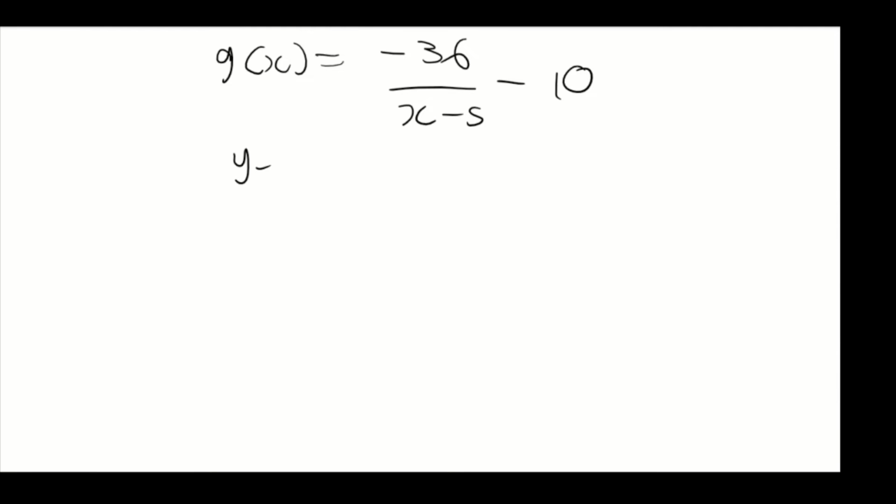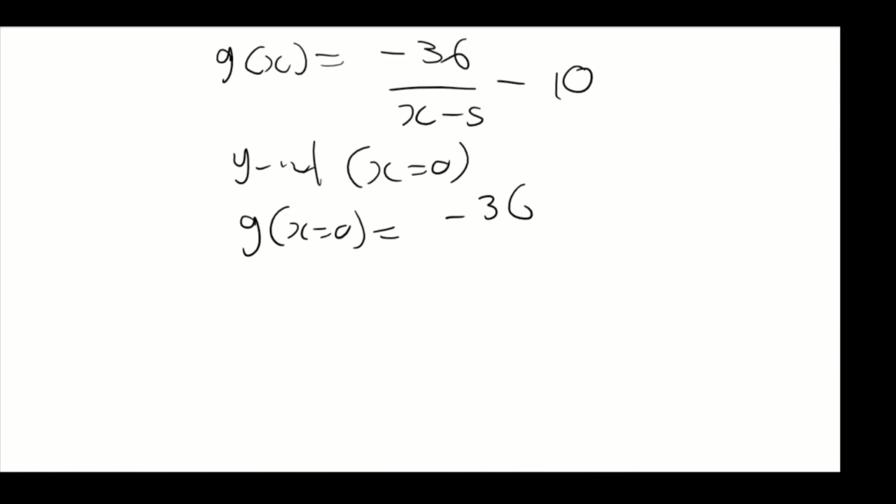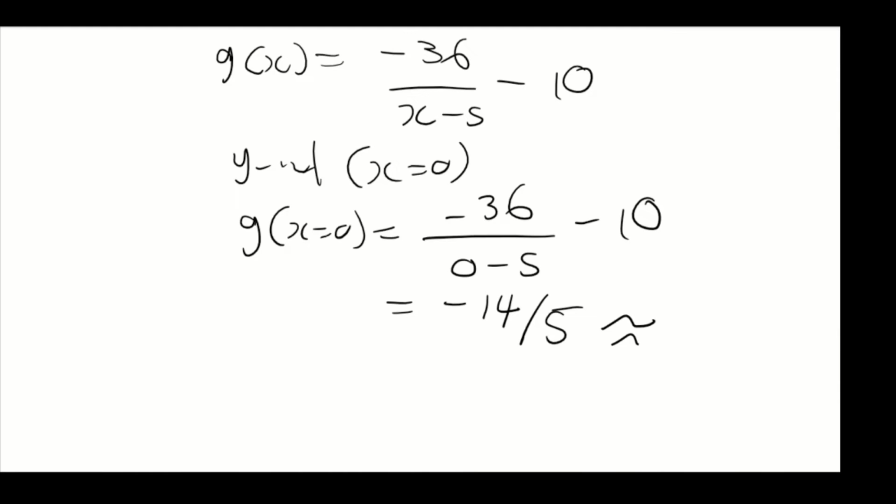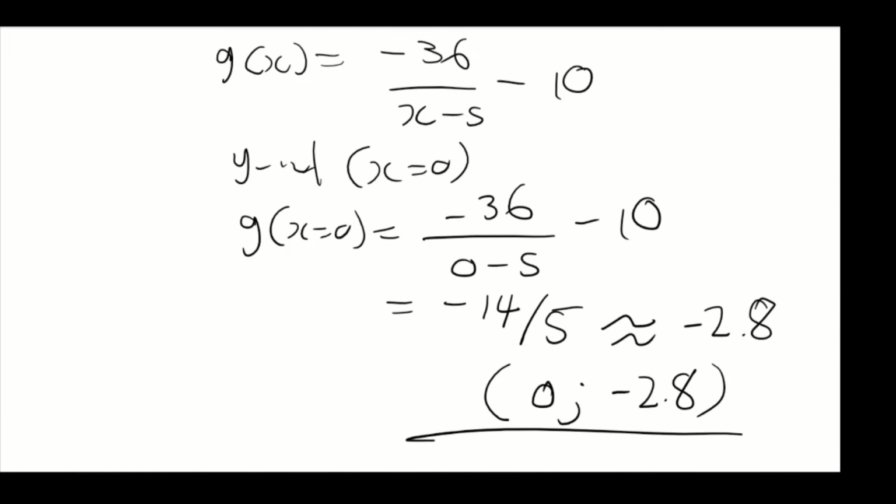To find the y-intercept, x is equal to 0, so g(0) is equal to -36 over (0 - 5) minus 10. You punch your calculator and you will find -14 over 5, which is approximately -2.8. So in coordinate form, we have (0; -2.8) as our y-intercept.